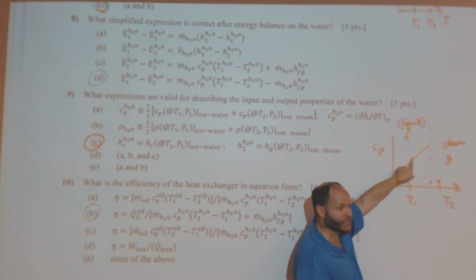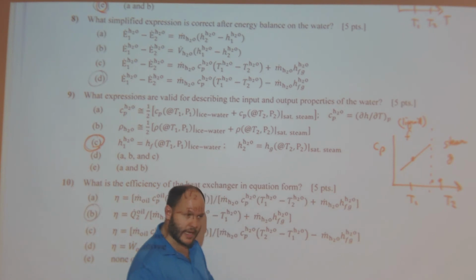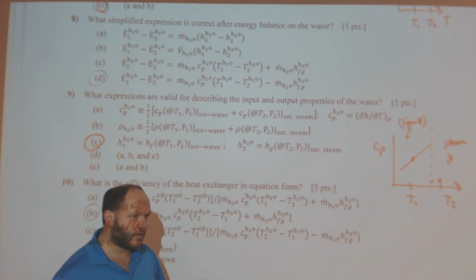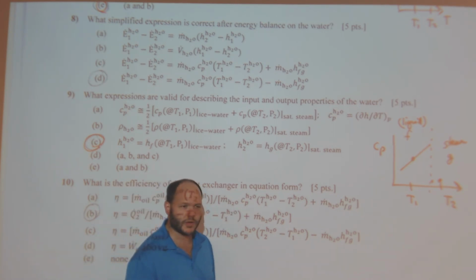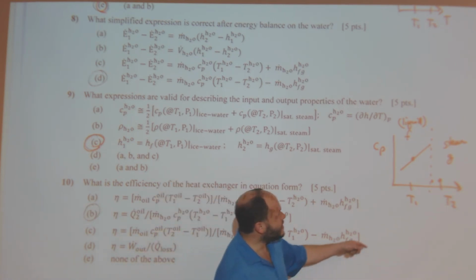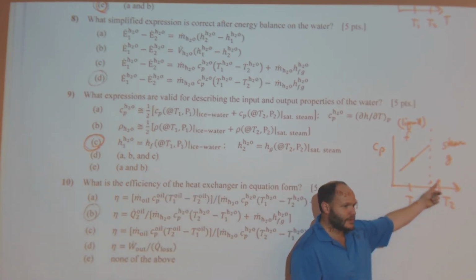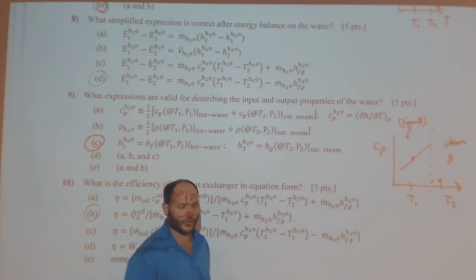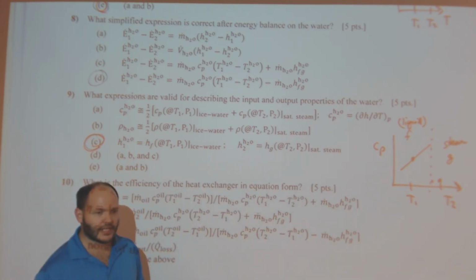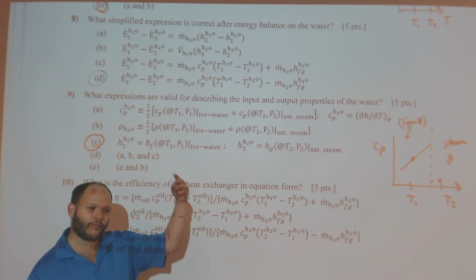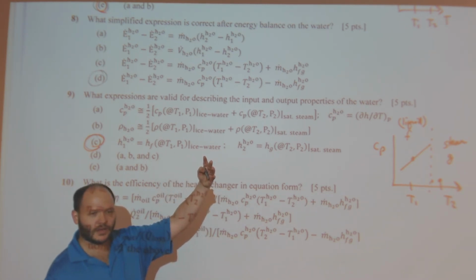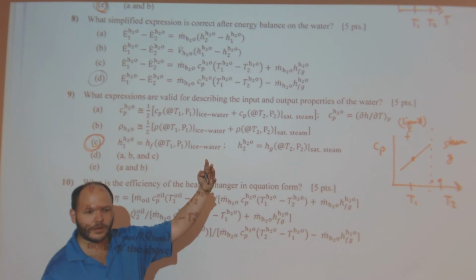In reality, the heat capacity of water, say ice water, at constant pressure is 4.4 kilojoules per kilogram Kelvin. But the heat capacity of steam at, say, 300 Celsius is like 0.001 kilojoules per kilogram Kelvin. So I'm going from 4 to a number less than 0.1.